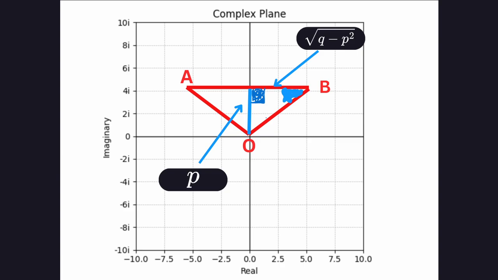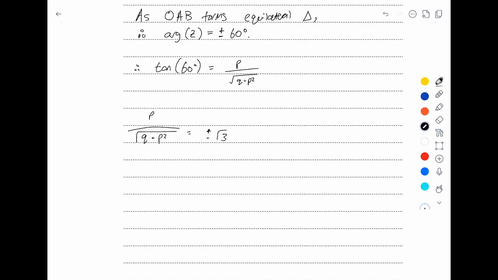Well, we can draw a perpendicular up to A, which has a length of P. And then we can recognise that this point here has an x value of root q minus p squared. So then, we basically have a right angled triangle, which means that p over root q minus p squared is equal to root 3.